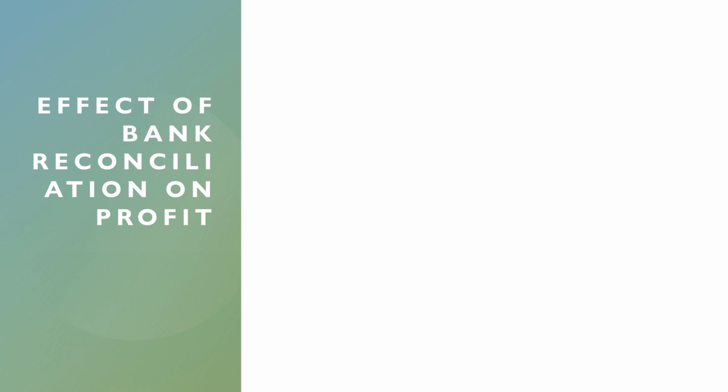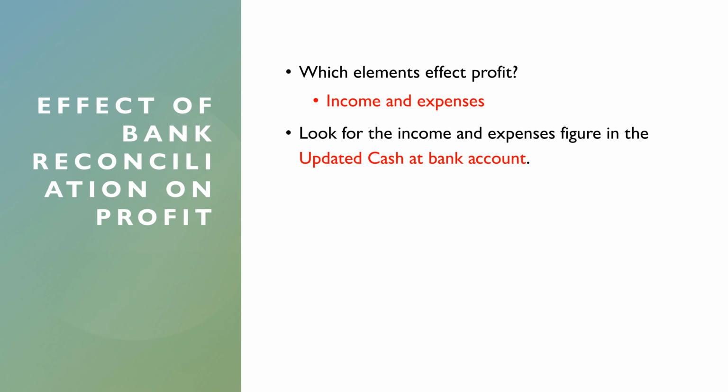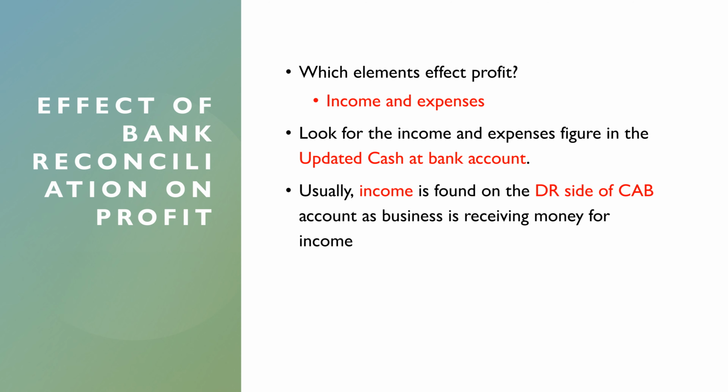Next, sometimes the question will ask you to find the effects of bank reconciliations on profit, right? So which elements actually affect profit? We learned it's our income and expenses. So where do we look for our income and expenses? We look for these figures in the updated cash at bank account, which we prepared in step 4.